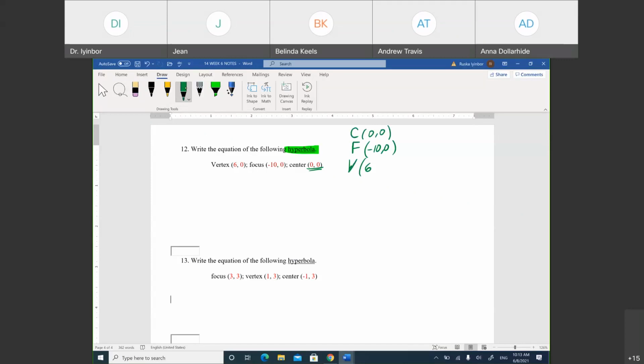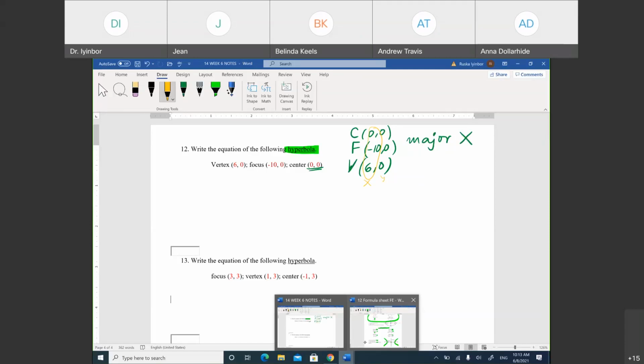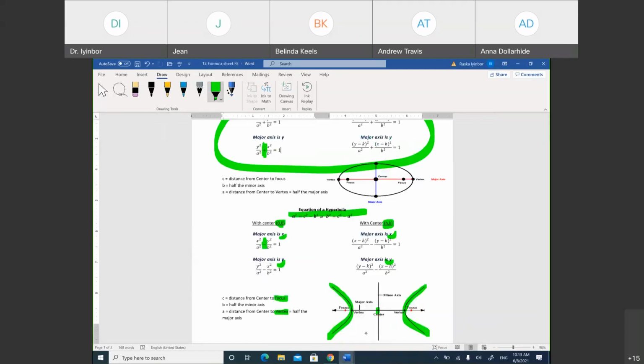Which coordinate is changing? X or Y? X. That's right, the major axis is X because X is changing. The first number is X, the second number is Y, and Y stays 0. So major axis X, center 0, 0. In hyperbola, center 0, 0, major axis X is the first equation.